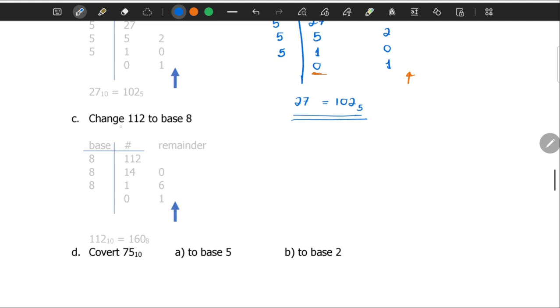And then we go to the next one, change 112 to base 8. Again, we have the base, the number, and the remainder.